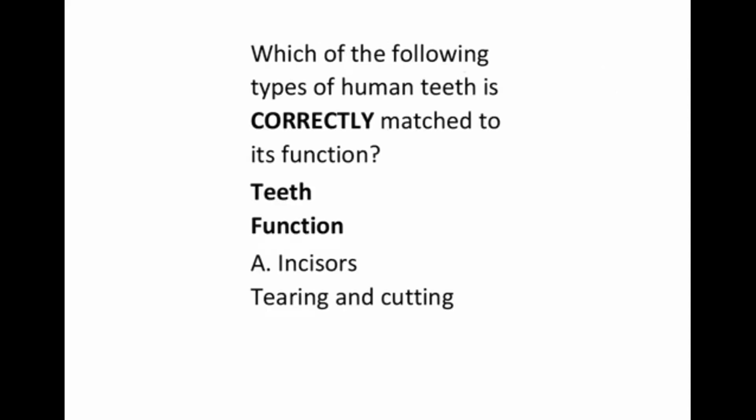Which of the following types of human teeth is correctly matched with its function? To answer this question, we need to look at the functions of human teeth. So we have the first one, the incisors.